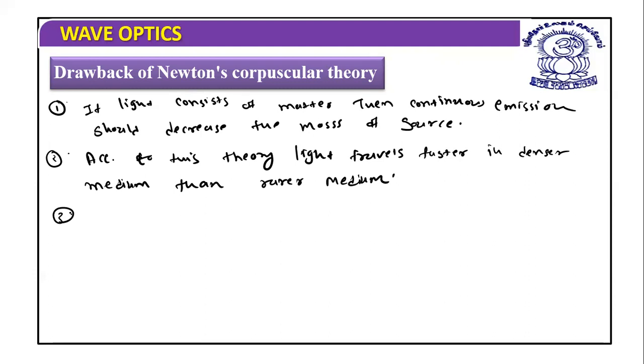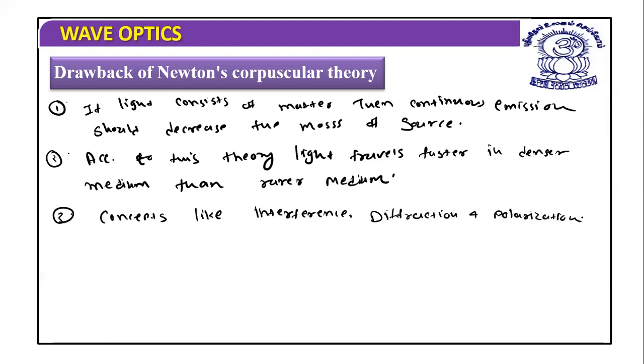The third limitation was that concepts like interference, diffraction, and polarization could not be explained because the theory is basically showing the particle nature.